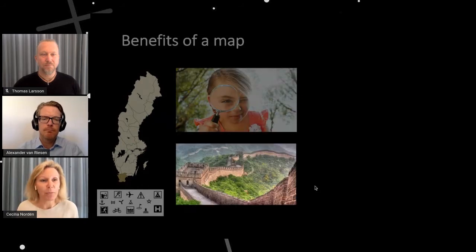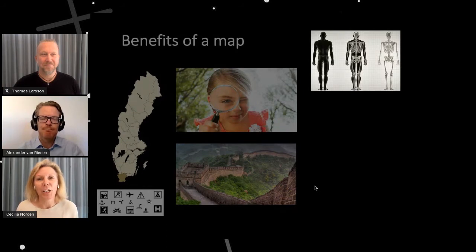It's also a very stable representation of the world. The continents don't move too fast. What might happen is borders being changed. But overall, the world map is a fairly stable representation. And what's really interesting about maps is they actually contain a lot of different information.